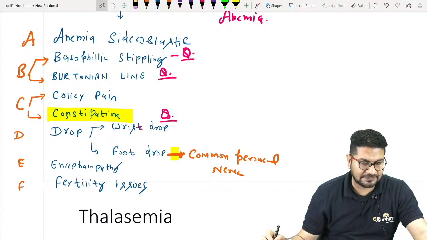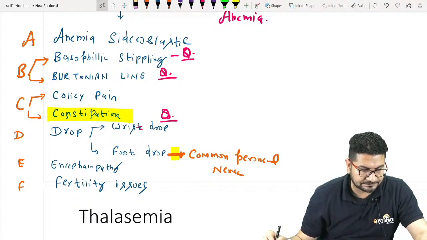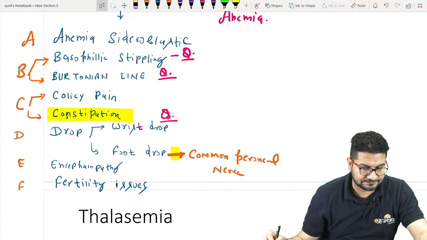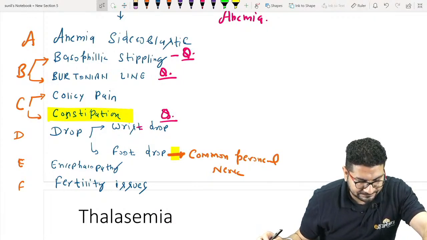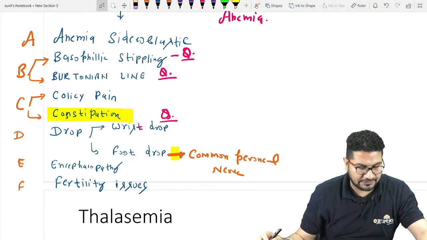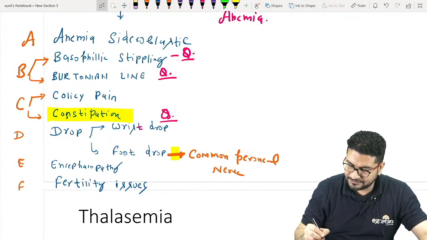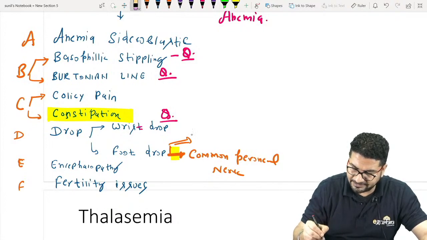So why is nobody answering? It's an easy question. Wrist drop is due to which nerve? Anatomy. Okay, my internet is weak. Okay, very good. So it is due to the radial nerve. So wrist drop is due to the radial nerve. Am I clear? It is due to the radial nerve.